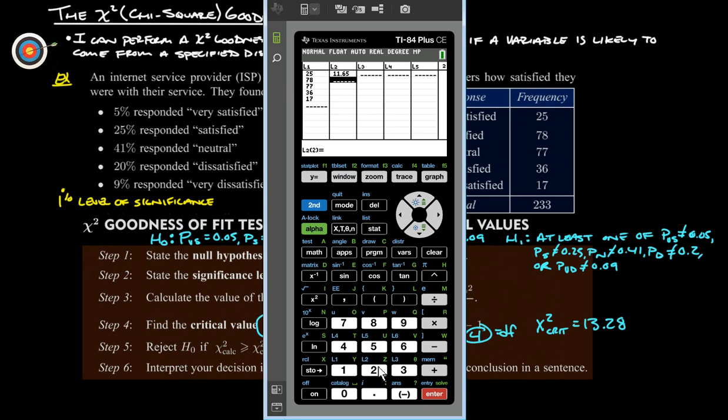And then we expect of the 233, 25% to be satisfied. Then 233 times 0.41 for the next one, 233 times 0.2, and 233 times 0.09.